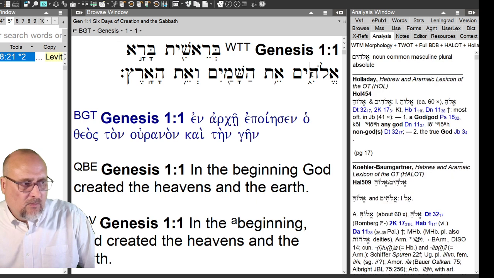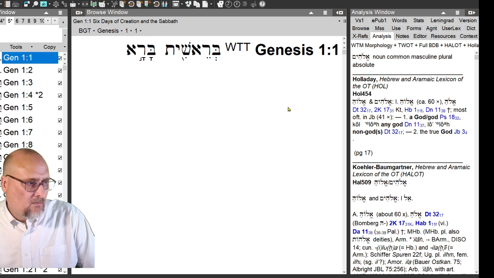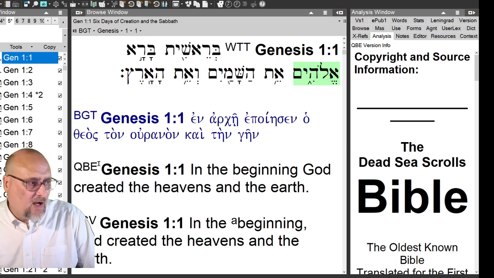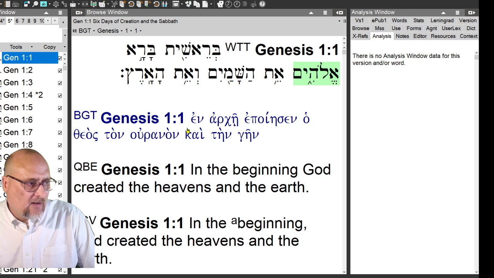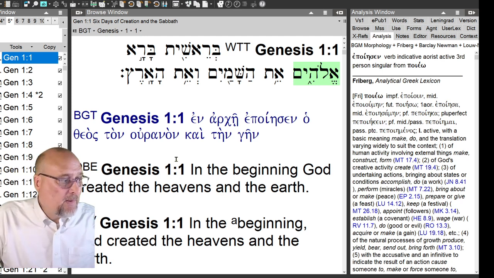And if we do a limit search, it appears hundreds of times in the text. It says here 2,600 times the word Elohim appears.